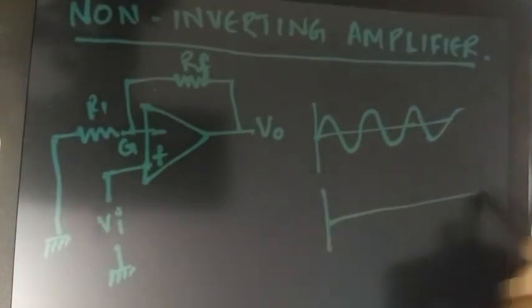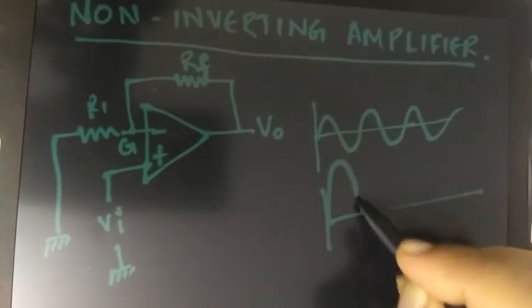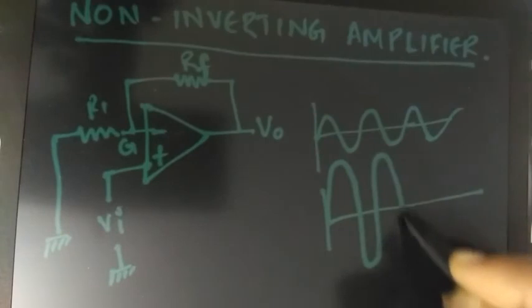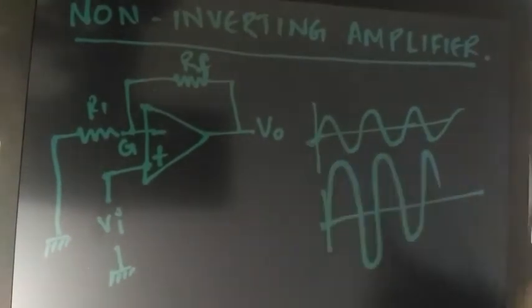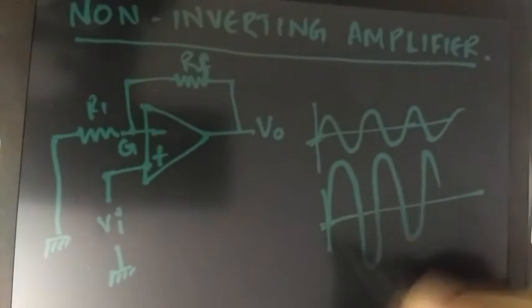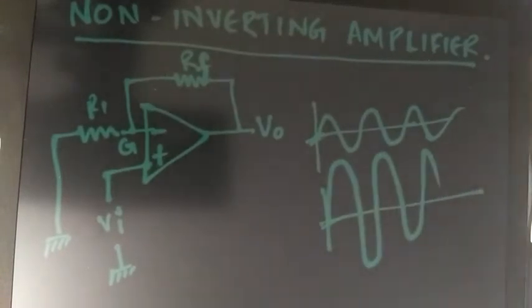That means it wouldn't be inverted. We'll just get an amplified version of the same signal. I hope you're understanding what I'm trying to say. The signal wouldn't be inverted, as we have seen in the case of the inverting amplifier. I hope it's clear.